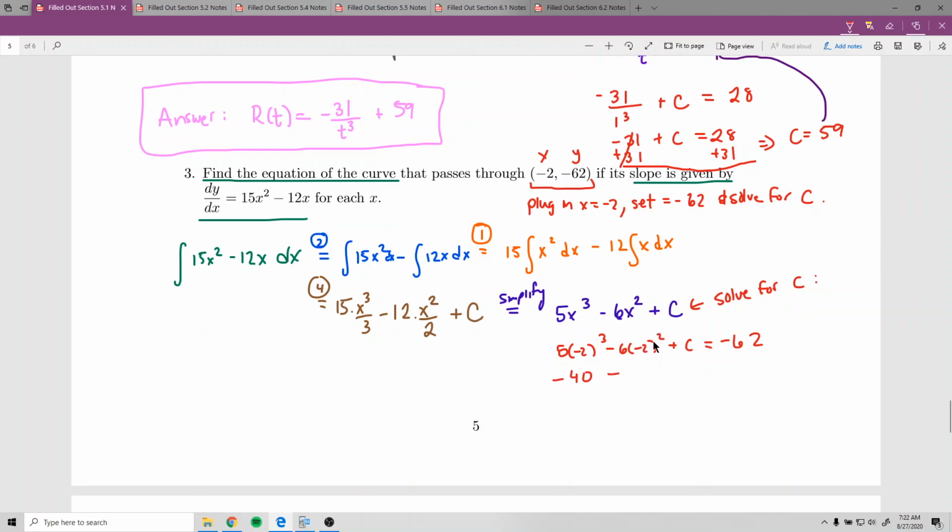Minus -2 squared is 4 times 6 is 24. -40 minus 24 is -64. And then add the 64 to each side, and we get C equals 2.